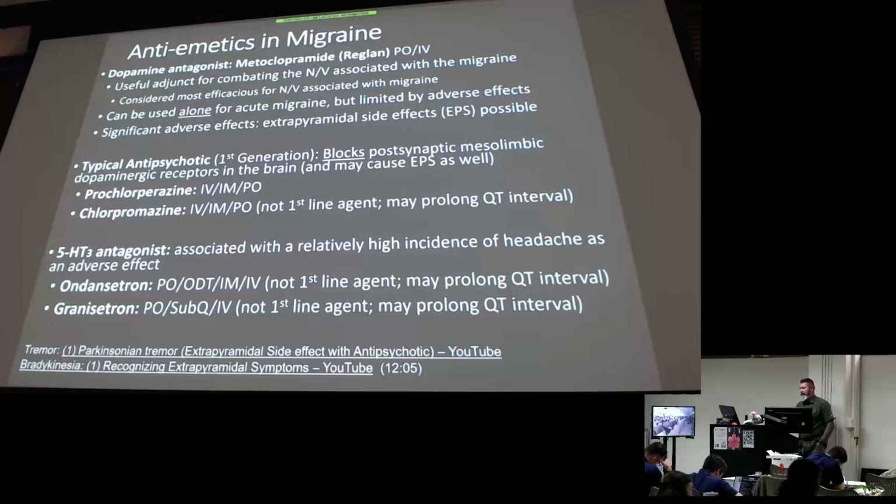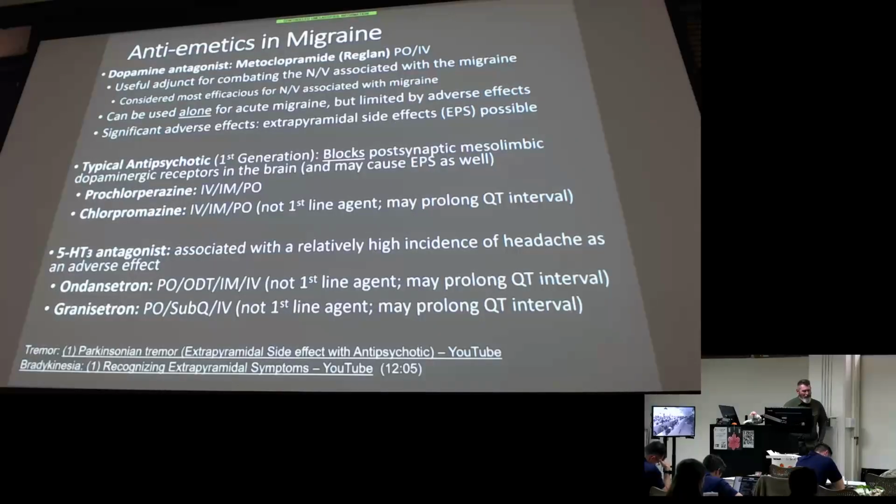Some folks will say that you can use Reglan alone for migraine, but normally we're not going to see that. We're going to see it in combination, used for the nausea and vomiting as an adjunct to whatever you're using for your abortive treatment for the migraine. Usually not alone.